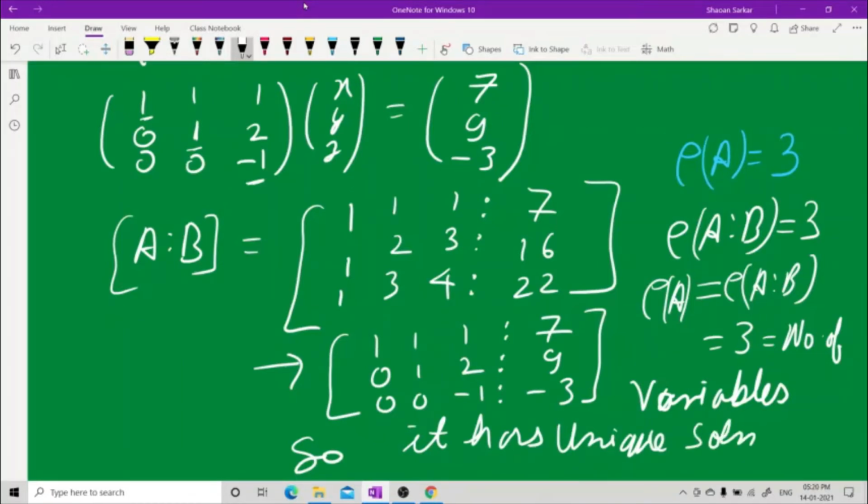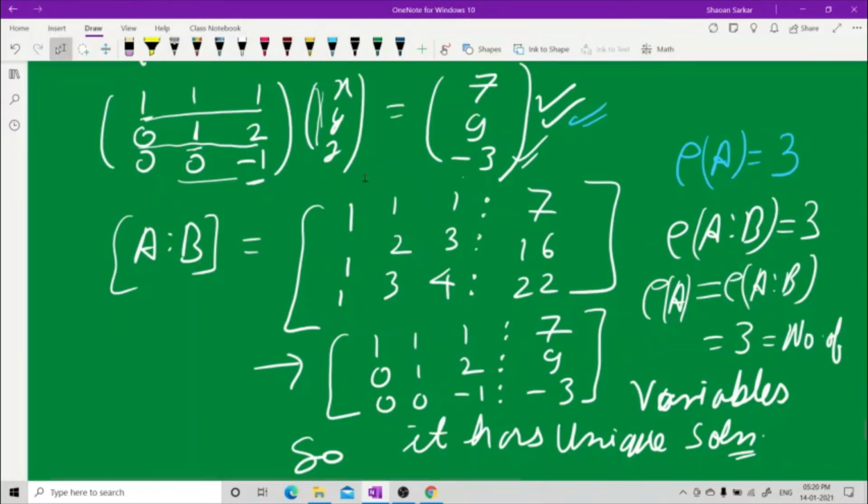Now, how to find that unique solution? Now you see this equation. You multiply this row with this column and equate with this side. Let me rewrite this matrix below again.